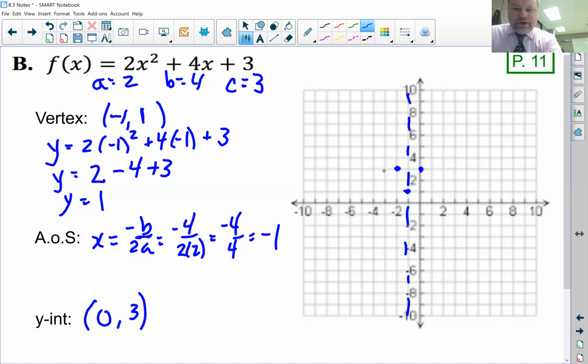So then I'd go over 1, up 3 times 2, or 6. Okay, 6 is not the value I go to, but I go up 6 places. So 1, 2, 3, 4, 5, 6. And then I can't graph any more points. I don't have room on my grid at this point. So there's my parabola from standard form.